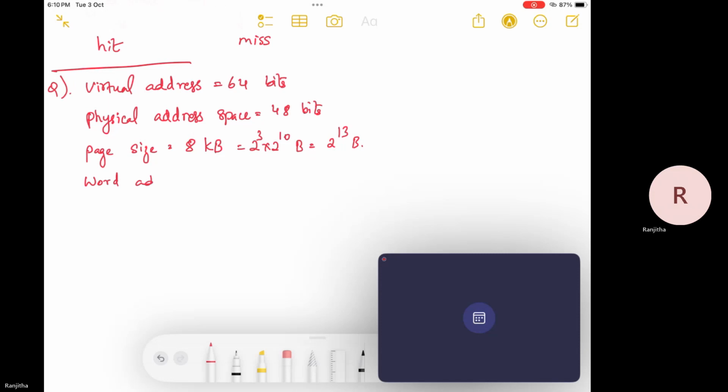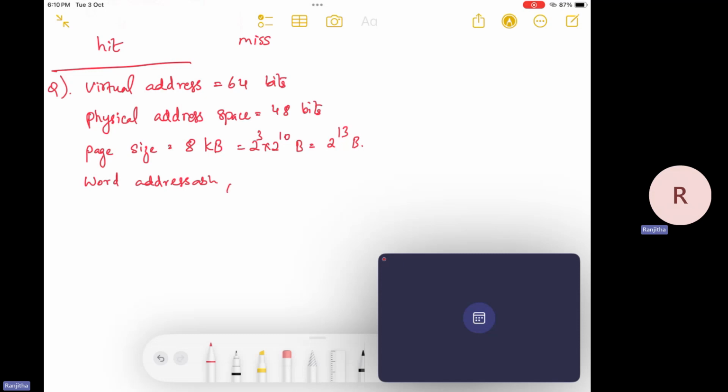By default, when nothing is mentioned, we take it as byte addressable. That is, for every byte, we need to have an address. When we say word addressable, an address is required for a word, and the size of the word also normally will be given in the question.